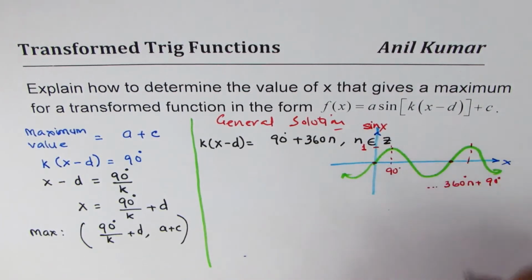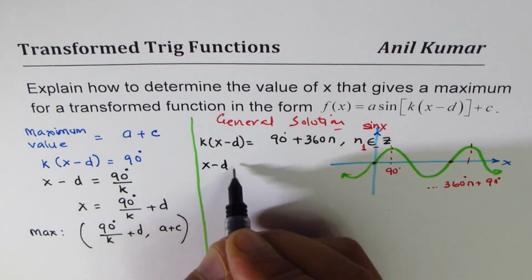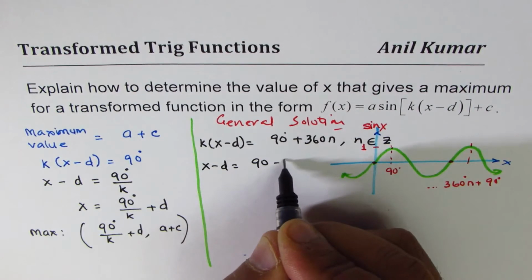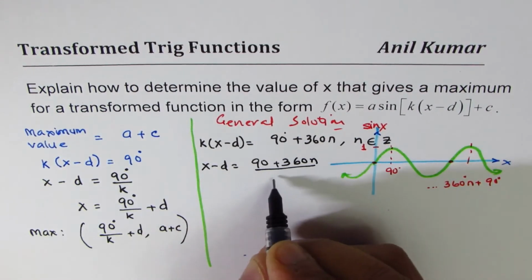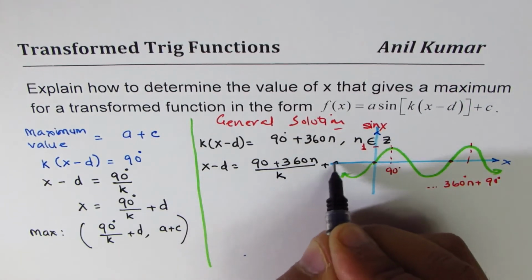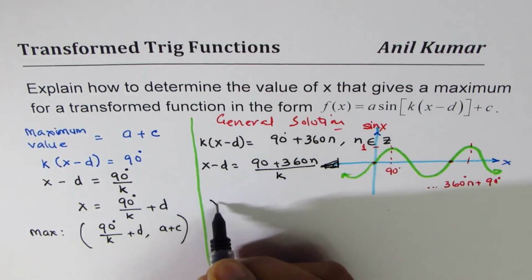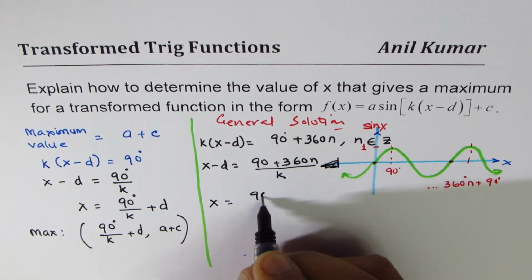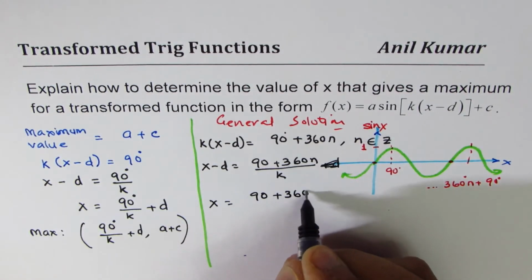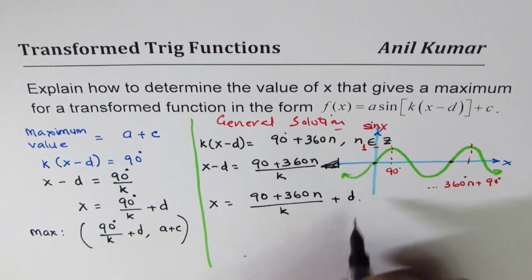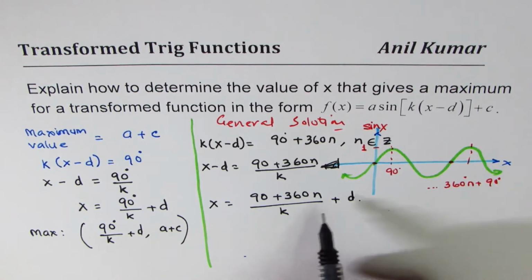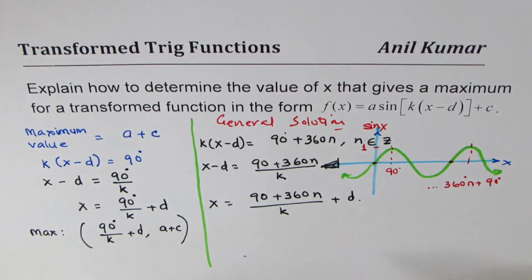You can write with Z or I as you wish. Solving this, x is equal to 90 plus 360n divided by k plus d, where n is an integer. So that could be your general solution.